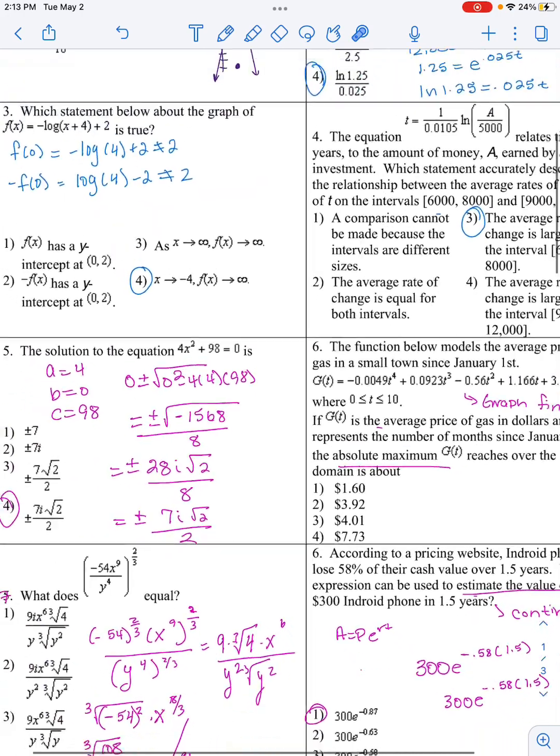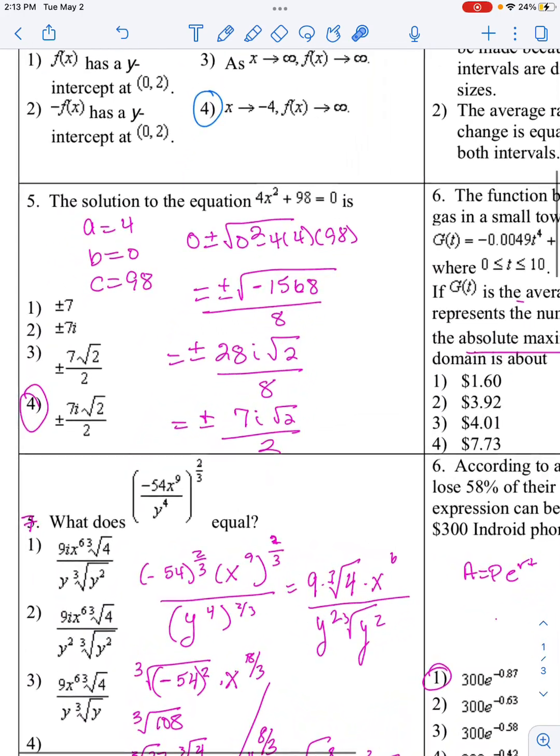Okay, all right, so the next one we have here is just using the quadratic formula. When we use the quadratic formula, we want our A value of 4, B value of 0, C value of 98. We plug everything in, we get a negative value here.